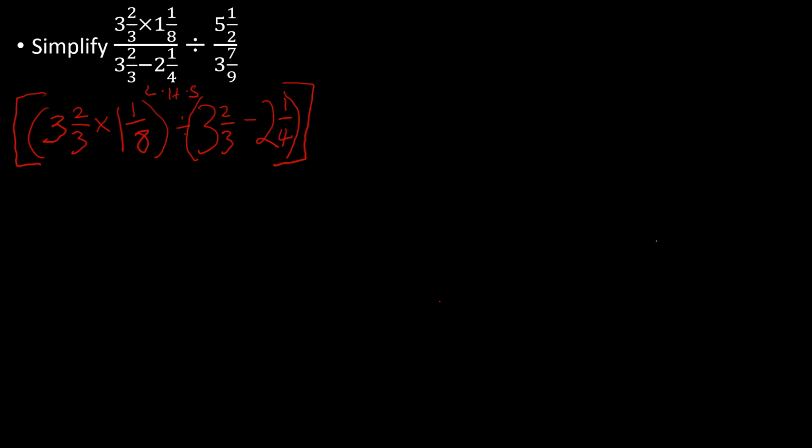Now everything on our left hand side is being divided by our right hand side, and that's 5 whole number 1 over 2 divided by 3 whole number 7 over 9.